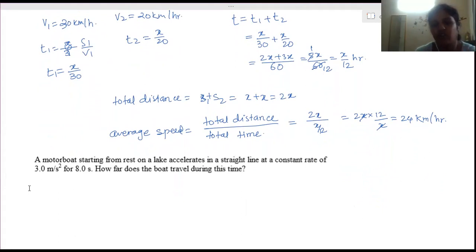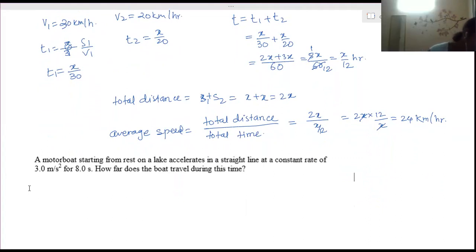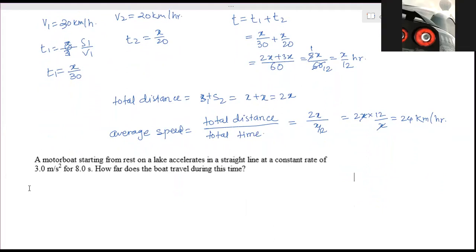In 5 seconds, the speed changes to 20 meter per second. Only in this case, you can use U plus V by 2. But when there are two different time periods and two different speeds, you cannot. Thank you, ma'am. Next question.